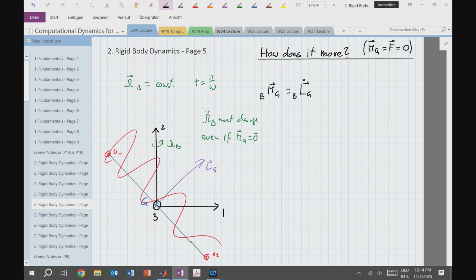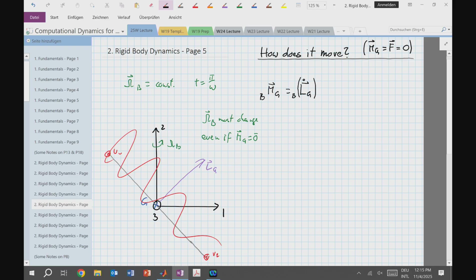This is wrong. What I just did is wrong. Something is missing. The brackets are missing. Thank you.